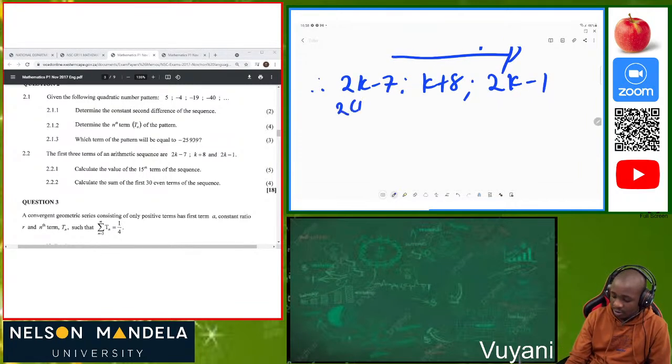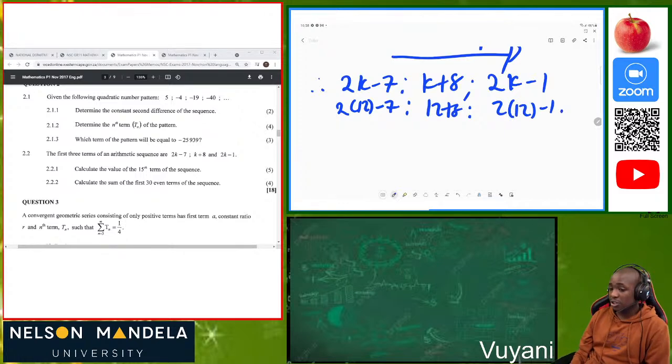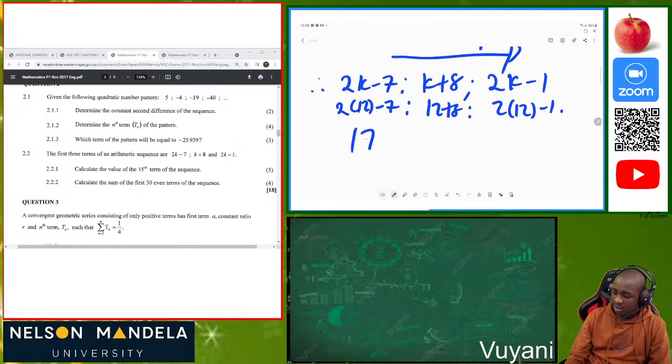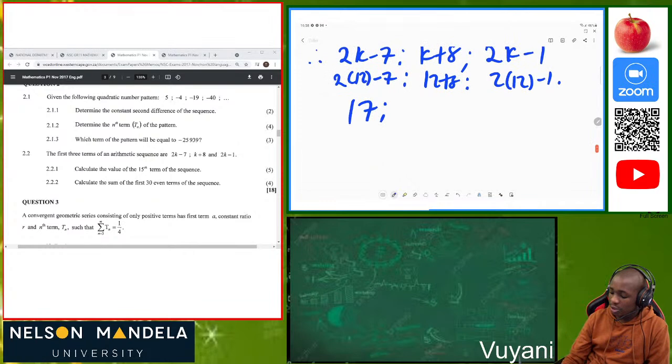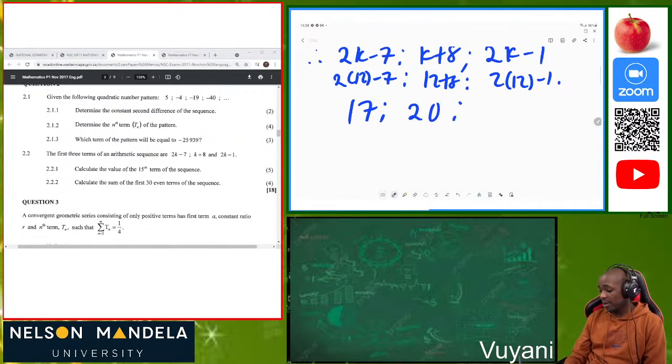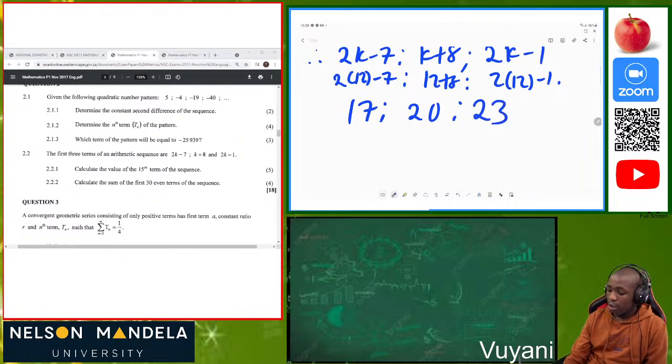So it's going to be 2 times 12 minus 7, 12 plus 8, and 2 times 12 minus 1. So 2 times 12 is 24, 24 minus 7 is 17. Then 12 plus 8 is 20. Then 2 times 12 is 24 minus 1 is 23.